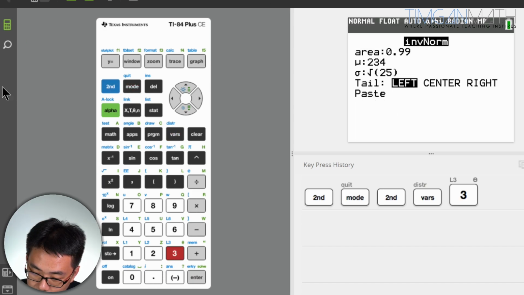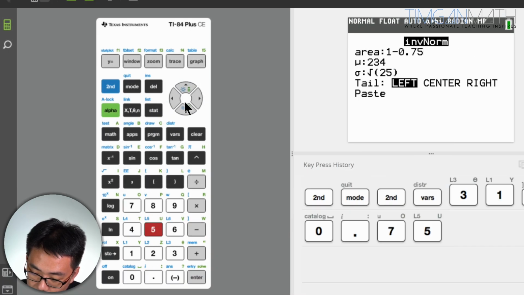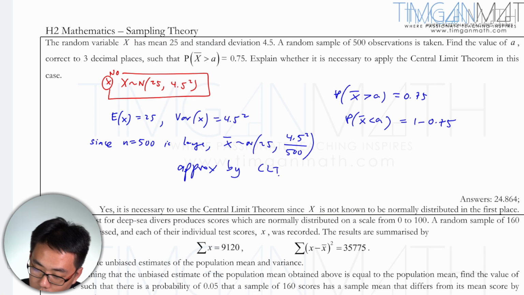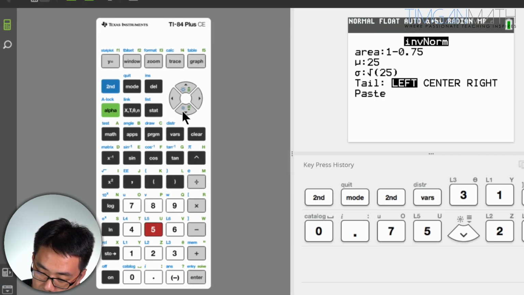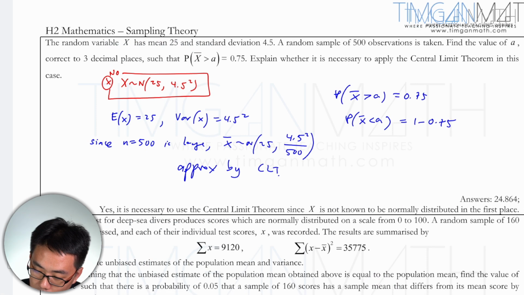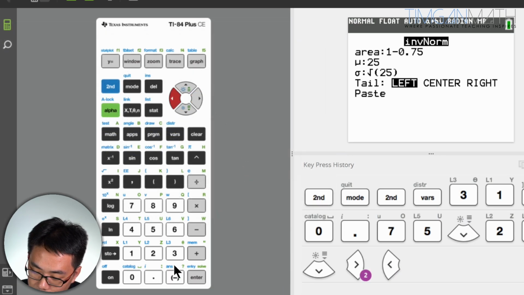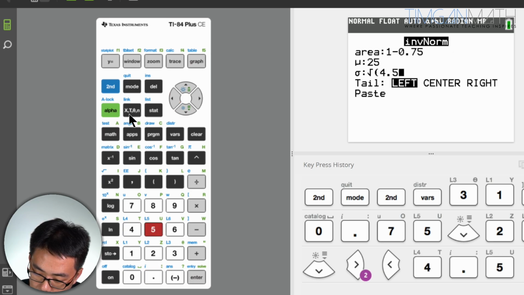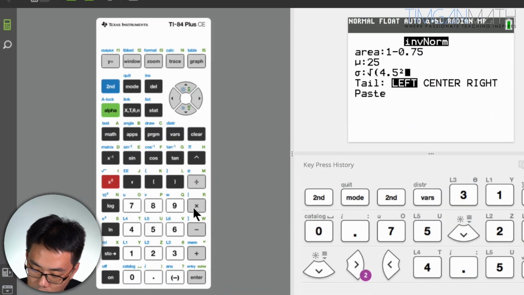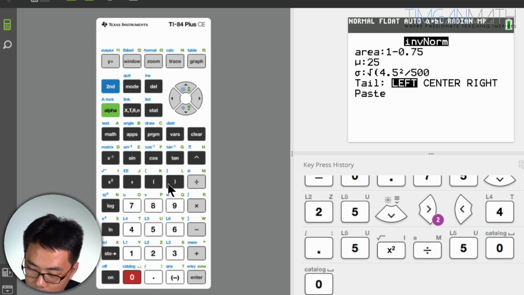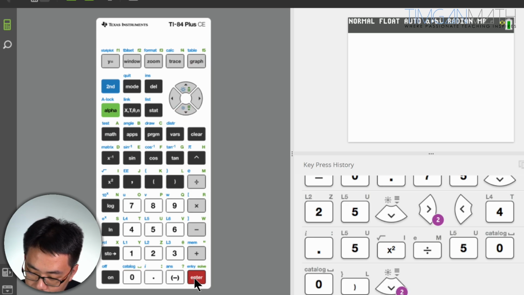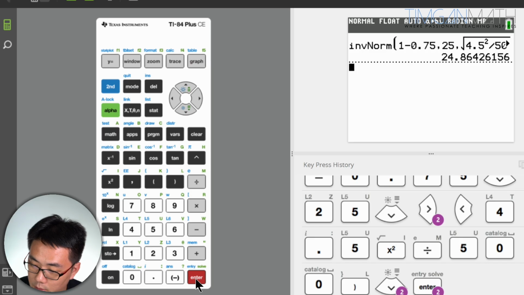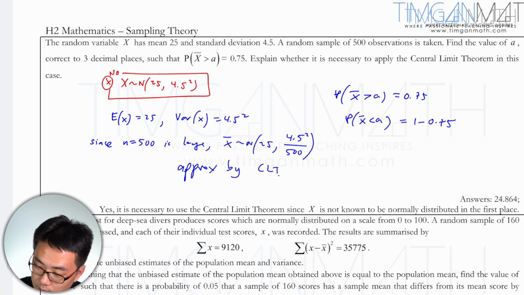Inverse norm, 1 minus 0.75, 25, 4.5, over 500, left bound, and that will be 24.864.